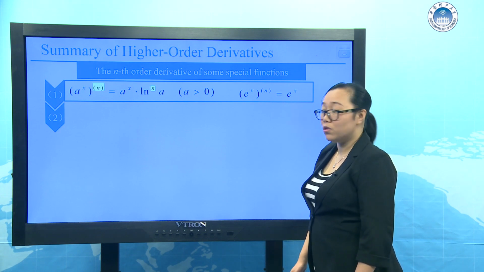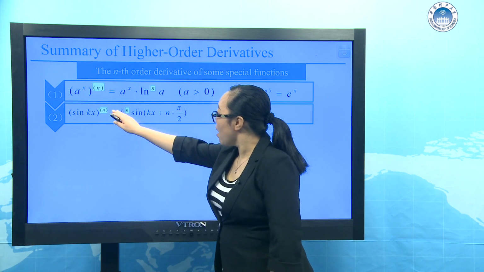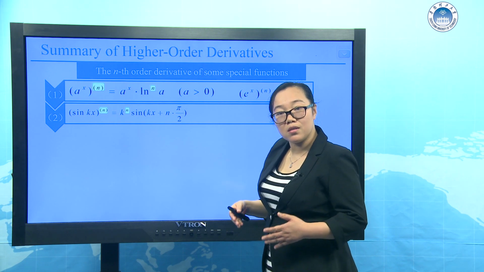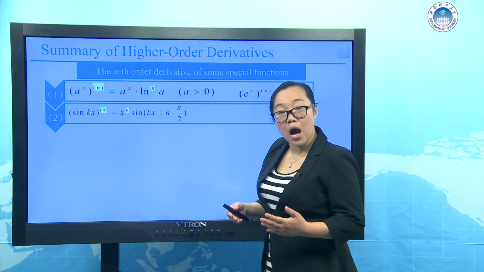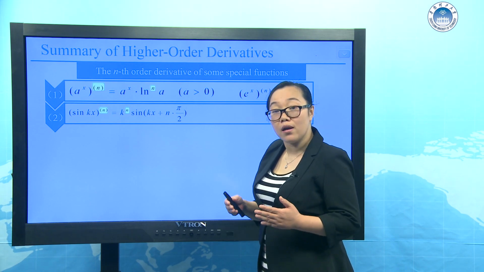Now look at case 2. The nth derivative of sin kx. k can be seen as a constant taken out. How many derivatives means how many k's.